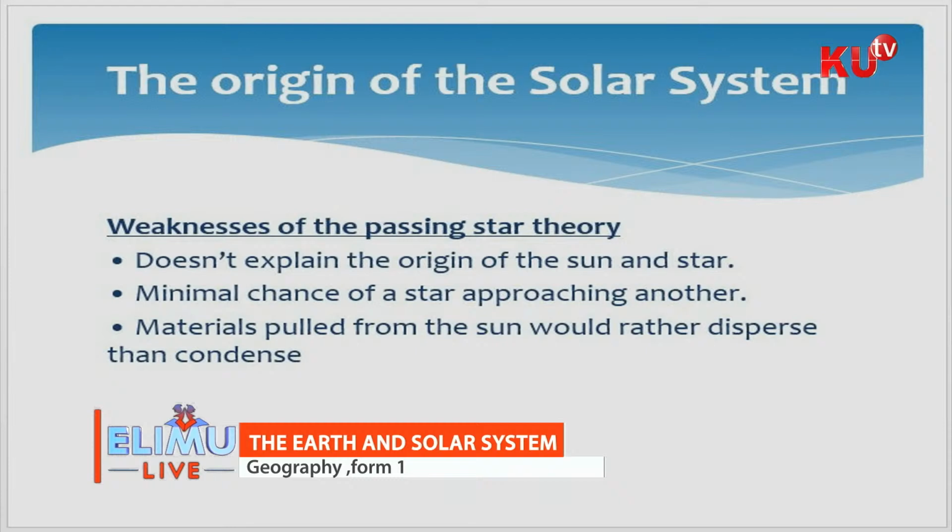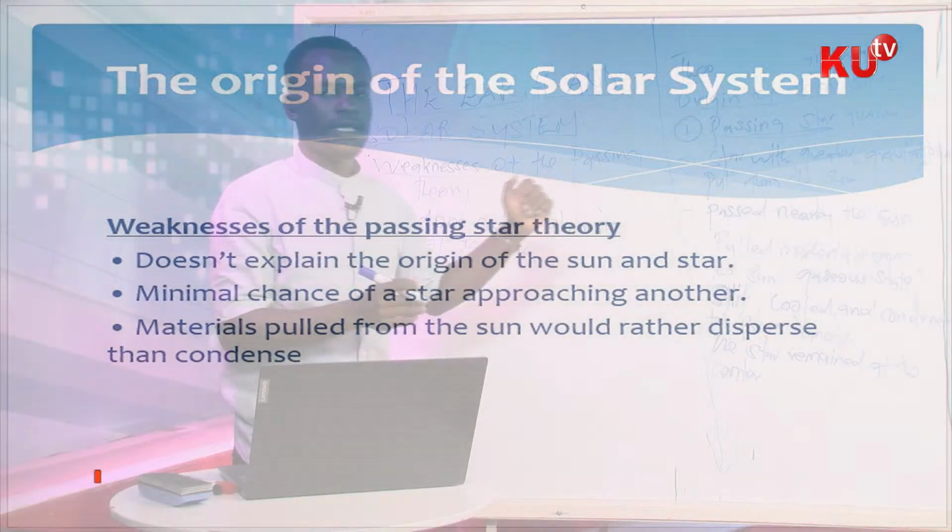Weakness number two: we have been told the star happened to pass by and pulled materials from the sun.